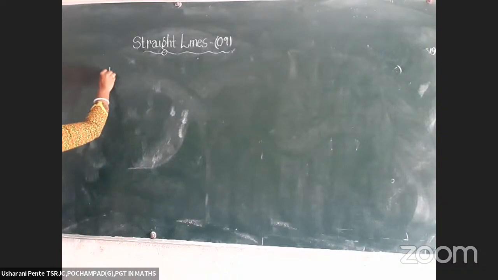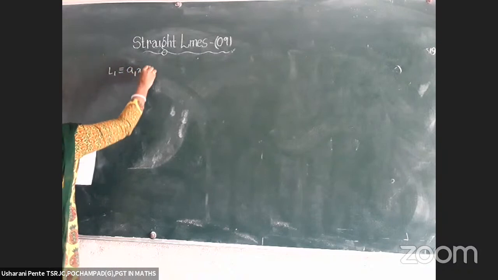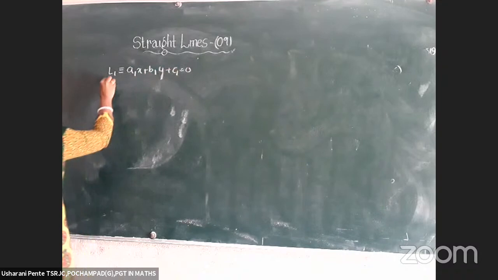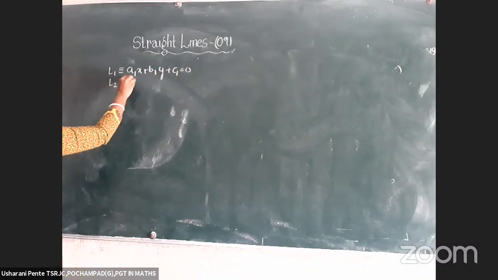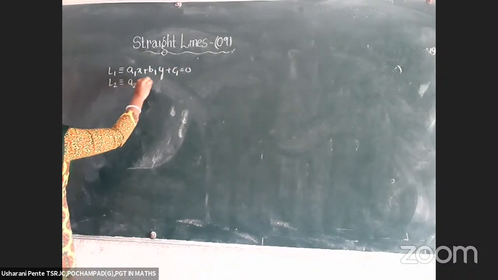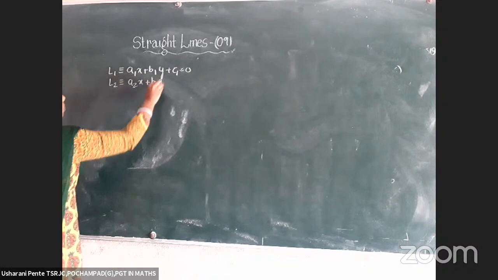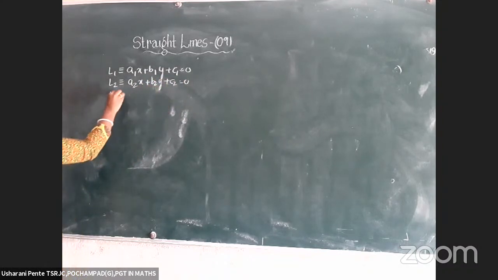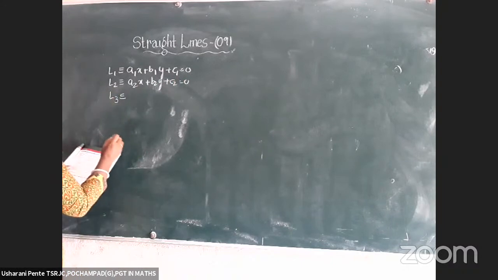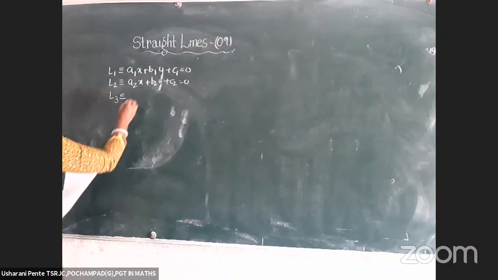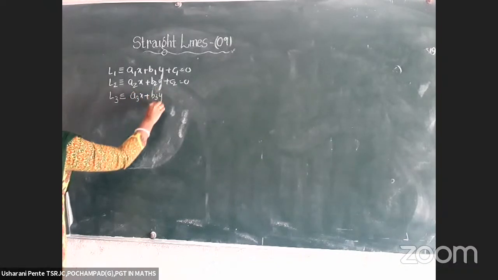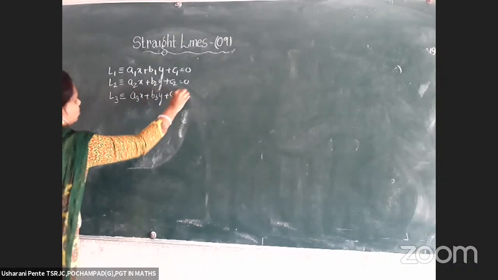Here they have given a line L1: A1x plus B1y plus C1 is equal to 0, and L2: A2x plus B2y plus C2 is equal to 0, and L3: A3x plus B3y plus C3 is equal to 0.